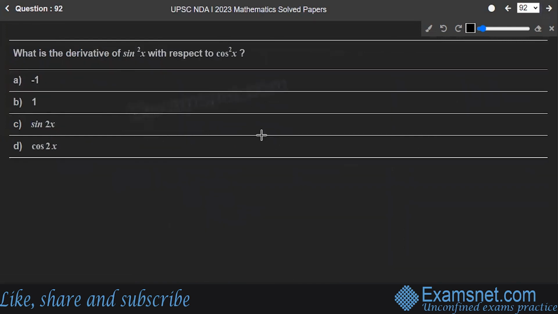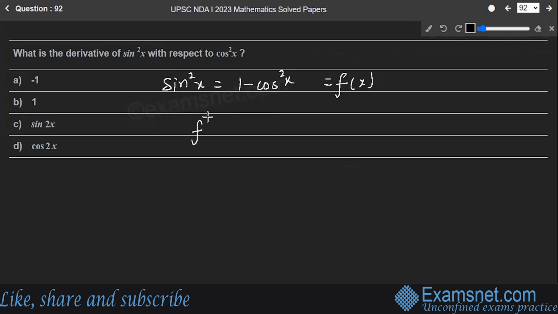Next is question number 92. What is the derivative of sin square x with respect to cos square x? You know one thing, sin square x can be written as 1 minus cos square x. Let it be f(x).